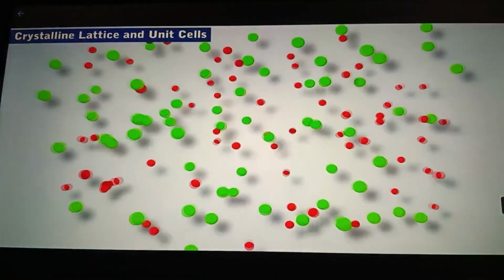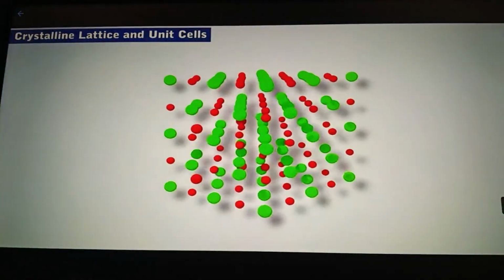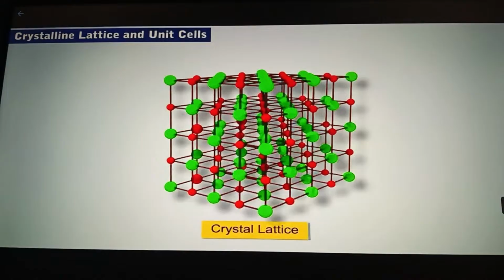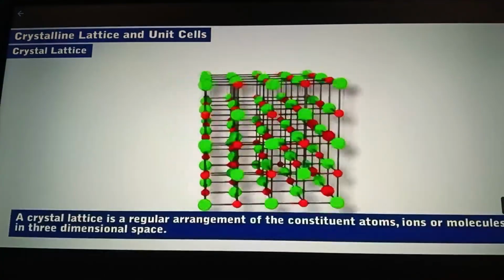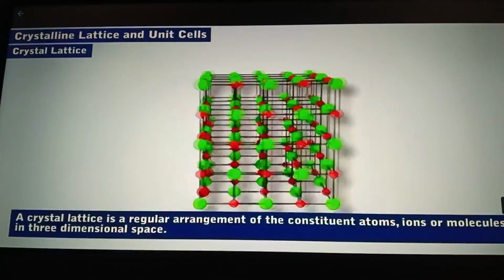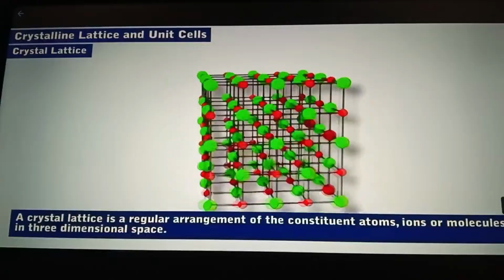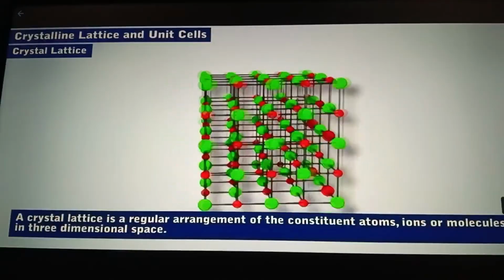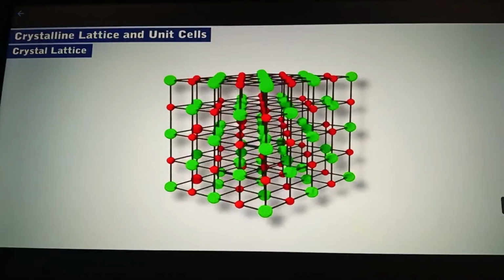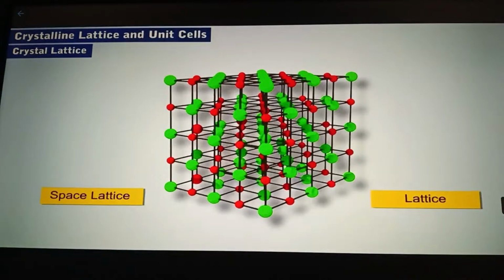An arrangement of an infinite set of these points is called a crystal lattice. Thus, the crystal lattice is a regular arrangement of the constituent atoms, ions, or molecules in 3-dimensional space. Sometimes, a crystal lattice is also called as space lattice or simply a lattice.